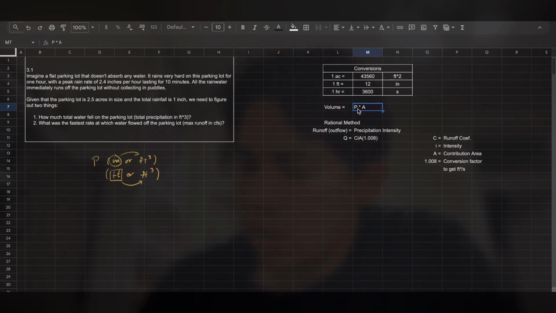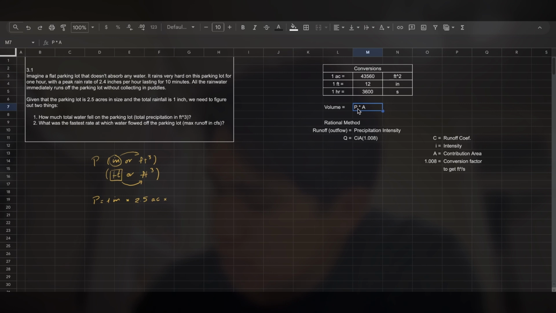So in our case, we are given that the parking lot is 2.5 acres in size and the total rainfall is 1 inch. Total rainfall means precipitation. So we want to find the total precipitation. We need to multiply the 1 inch times the area, 2.5 acres. We want it in cubic feet, so we need to do some conversions.